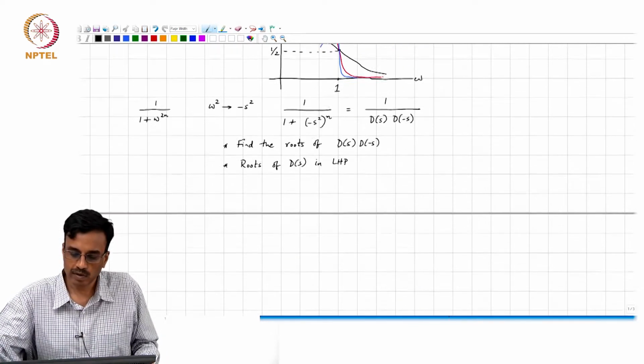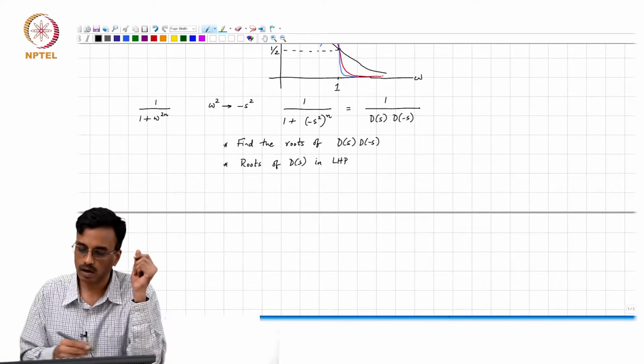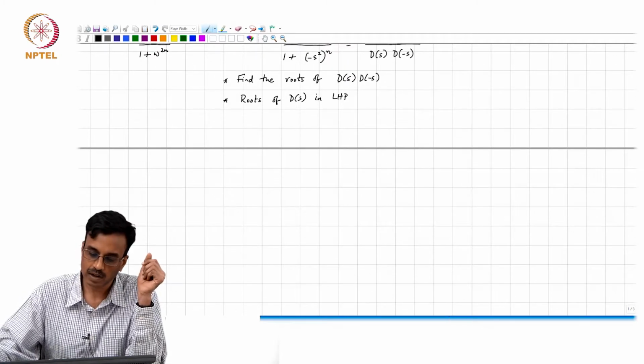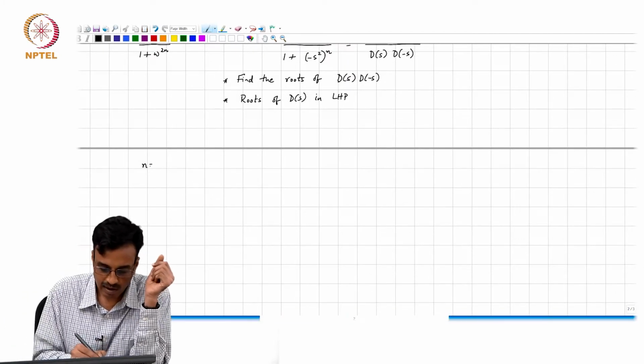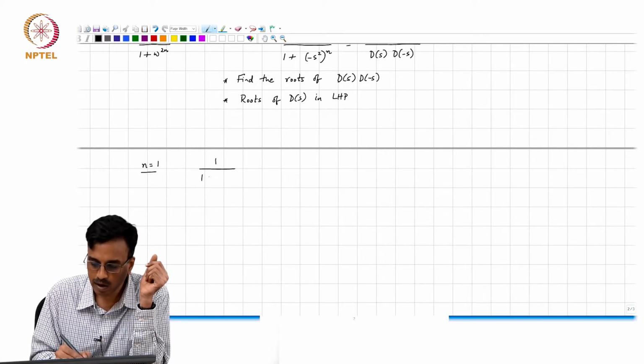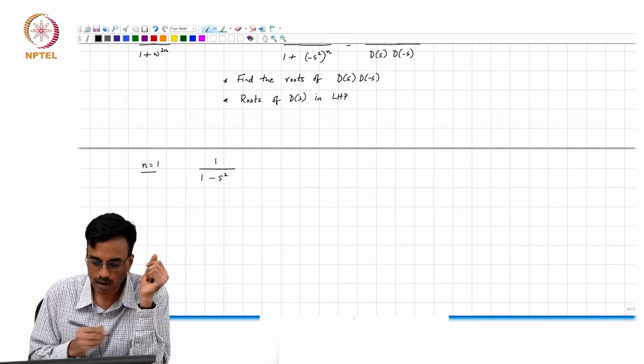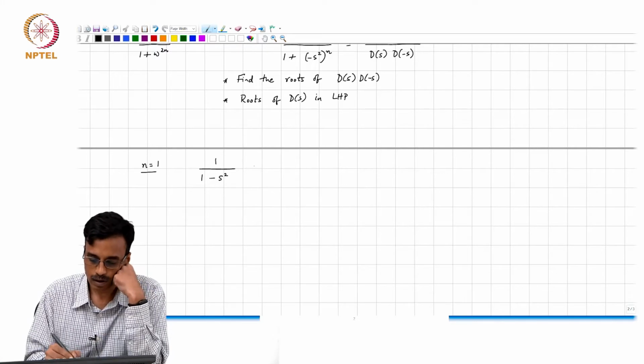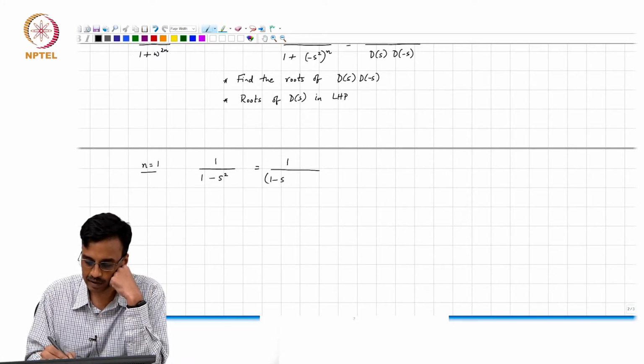Well, now that we know this, it's just a matter of doing the stuff. So, n equal to 1 is trivial. So, you have 1 by 1 minus s square, which is 1 over 1 minus s into 1 plus s.